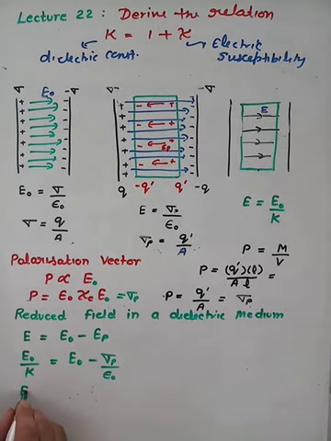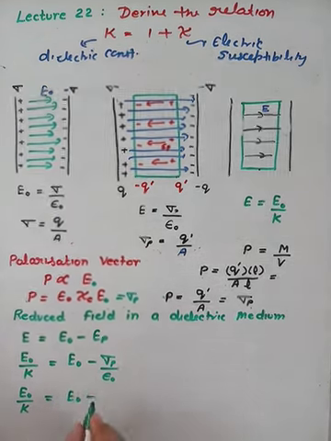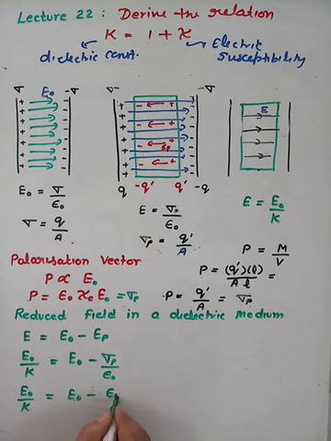Or we can write E naught by K is equal to E naught minus sigma P, which is epsilon naught times susceptibility times E naught, divided by epsilon naught.